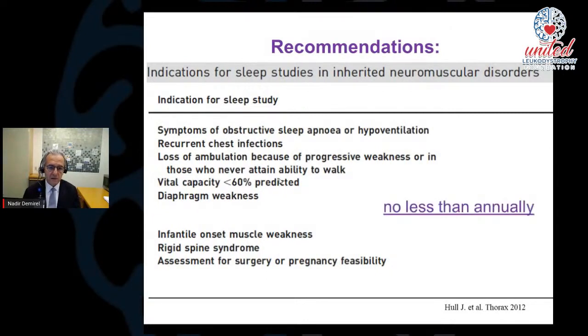And smaller kids with early onset muscle weakness, rigid spine syndrome, which is another neuromuscular disease, or someone who is having muscle weakness and going to get a surgery, or pregnancy in adults, they need to get a sleep study.